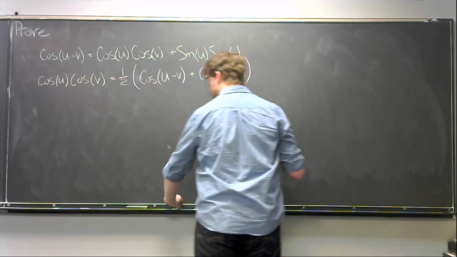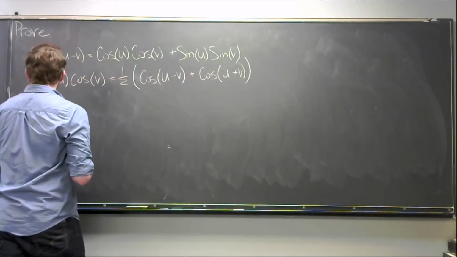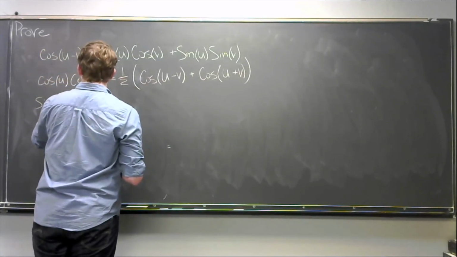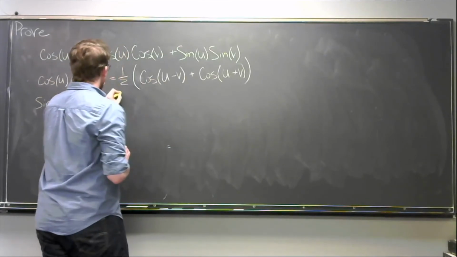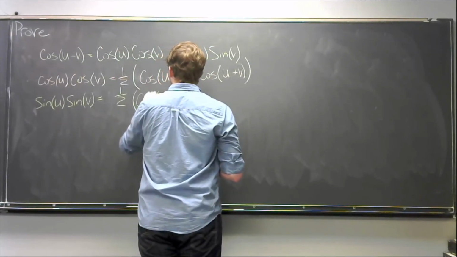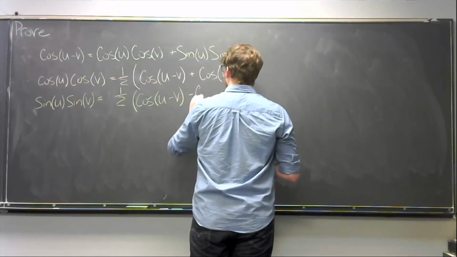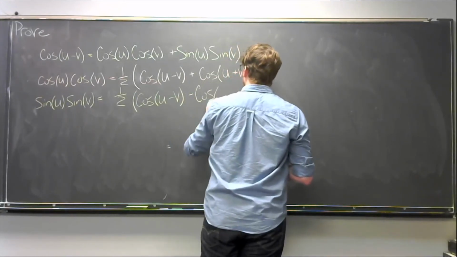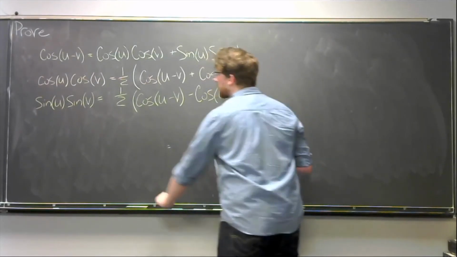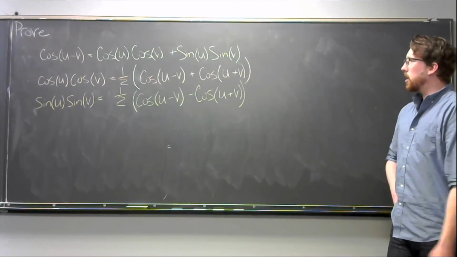I also know that sine of u times the sine of v is equal to 1/2 times cosine u minus v minus cosine u plus v. So I know both of these identities, right? So let's put them through.